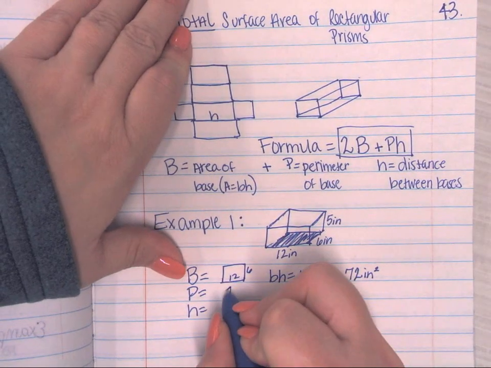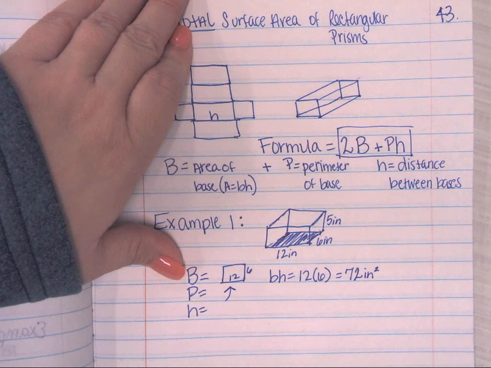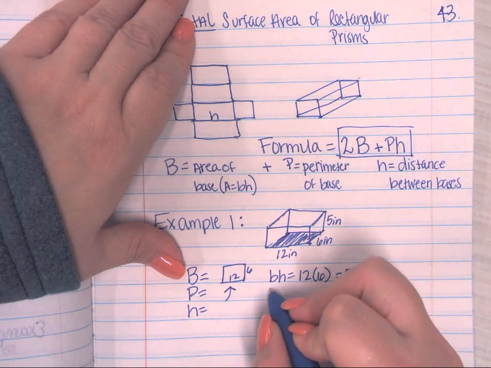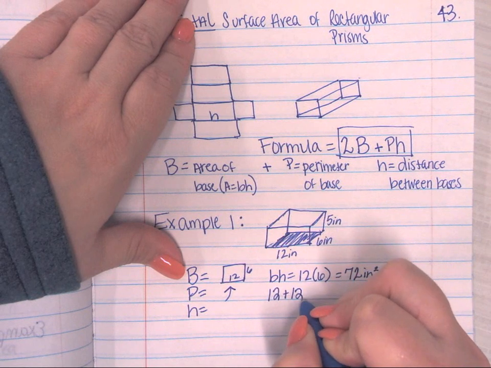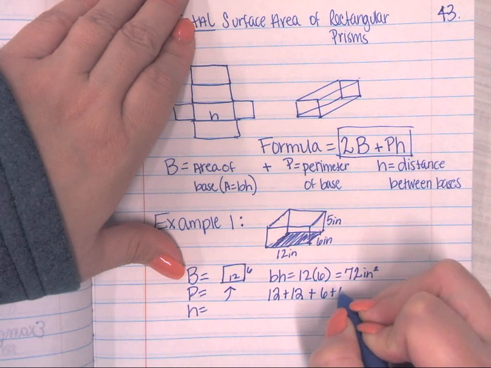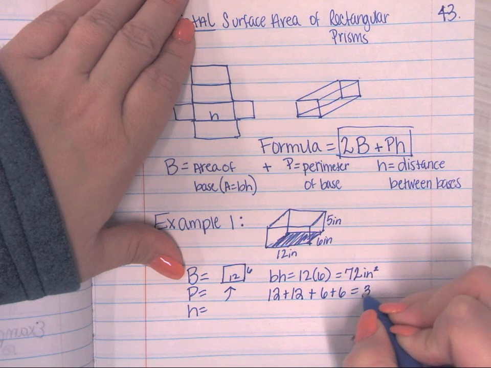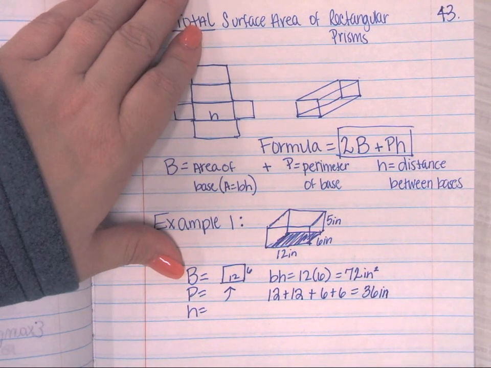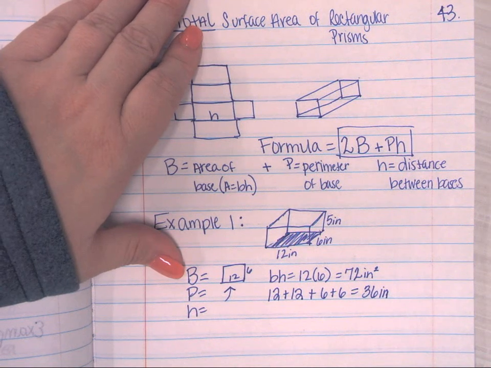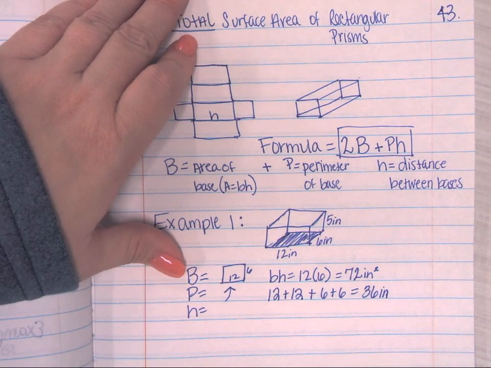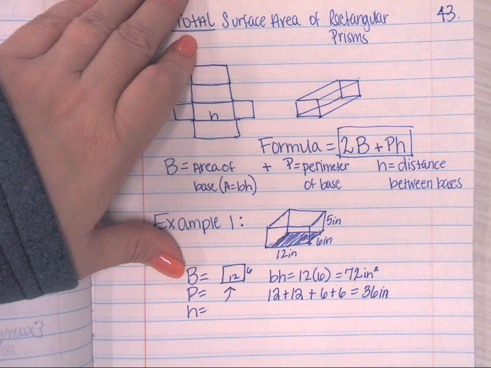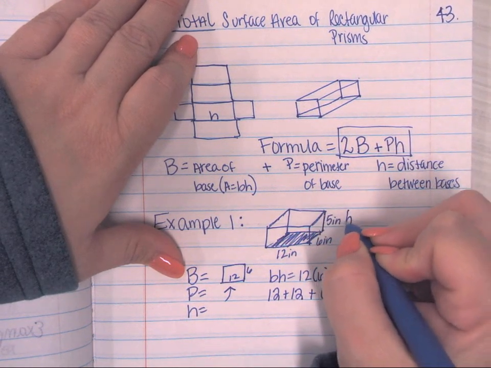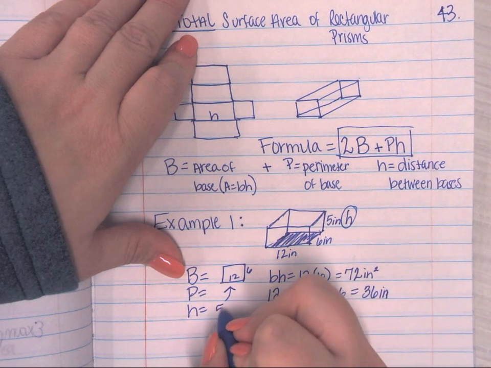Now again, I'm looking at the perimeter of this base. So I have 12 plus 12 plus 6 plus 6, which is equal to 36 inches. And then finally, I have the height, which is the distance between. This is h, so that's 5 inches.